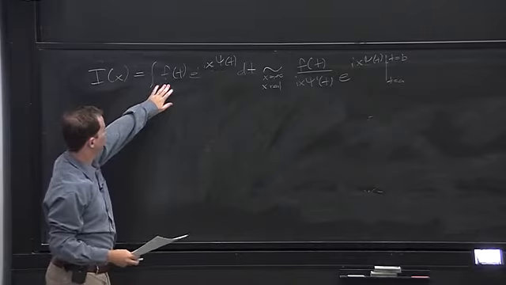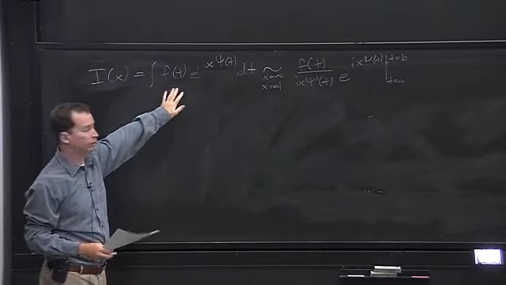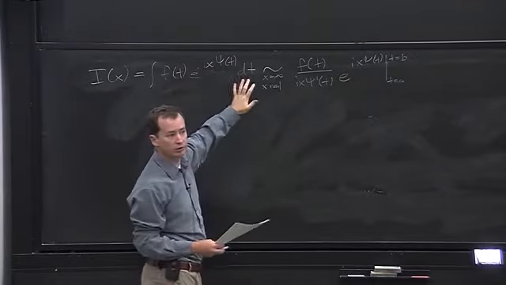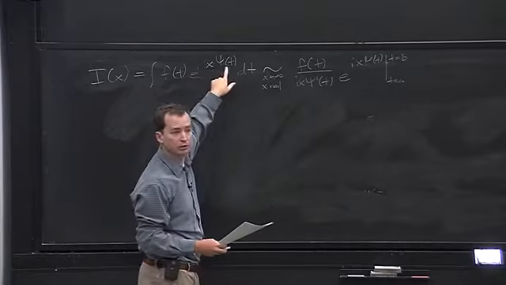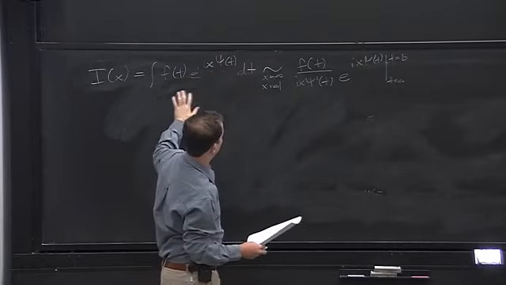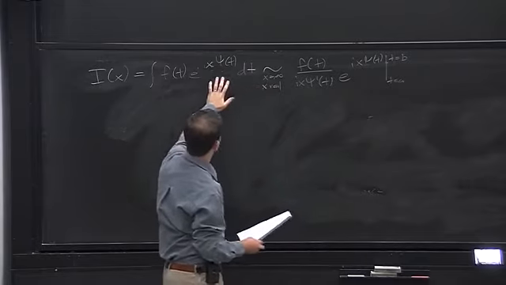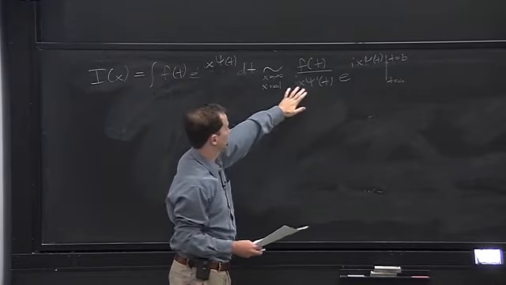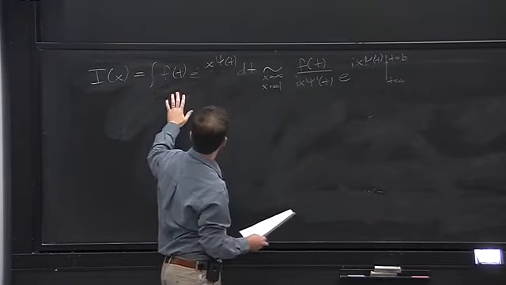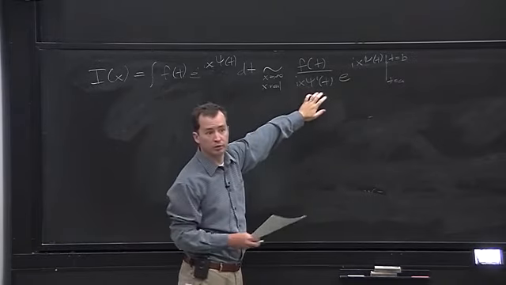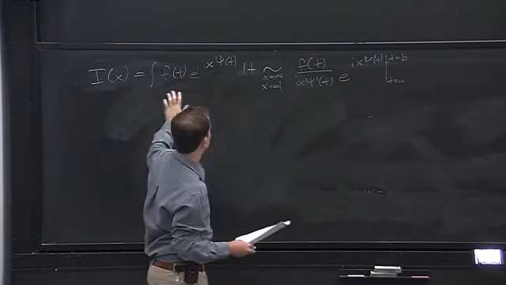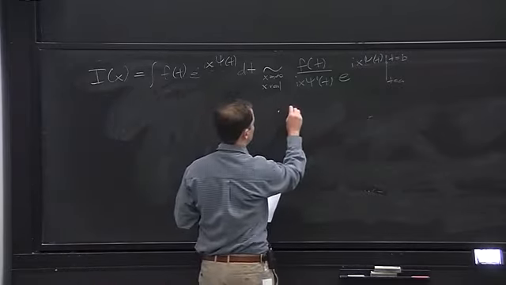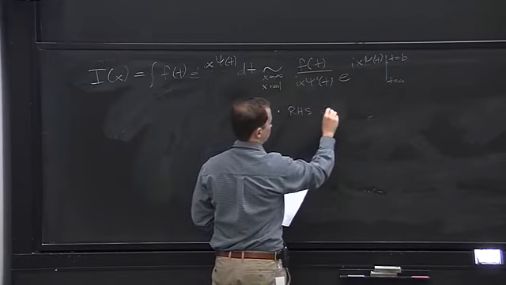For those of you who are familiar with it, this is a generalization of the Riemann-Lebesgue lemma, which says that integrals of this form go to 0 because of destructive interference, basically. If you integrate by parts, you can get this term. It can be shown that these boundary terms go to 0 more slowly than the other term in the integration by parts. So this works as long as the right-hand side is non-zero.